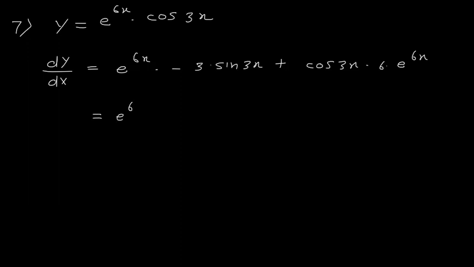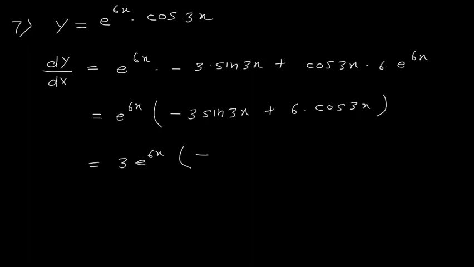So here e power 6x, now we will take common. Now here we have minus 3 times sin 3x plus 6 times cos 3x. So I can take 3 also common. So 3 into e power 6x we take common. Inside the bracket we have minus sin 3x plus 2 cos 3x. This is dy upon dx.